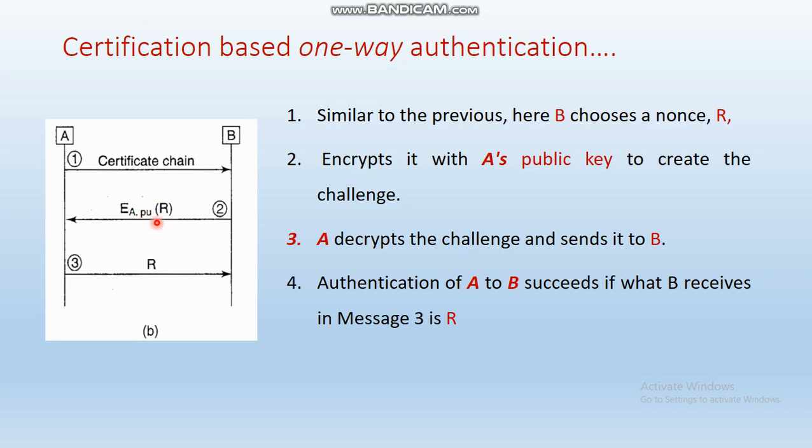A's public key is received from party A through the digital certificate. So party B uses that public key to encrypt the R value, and the encrypted R value is being sent from party B to A.